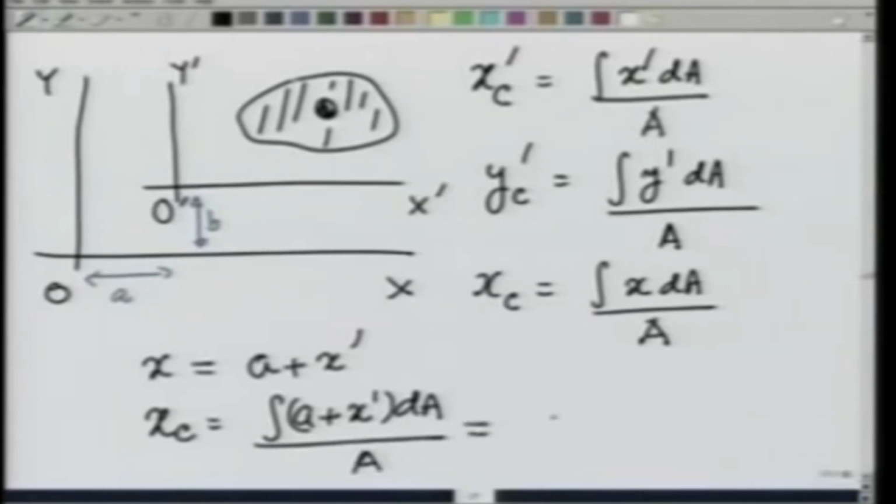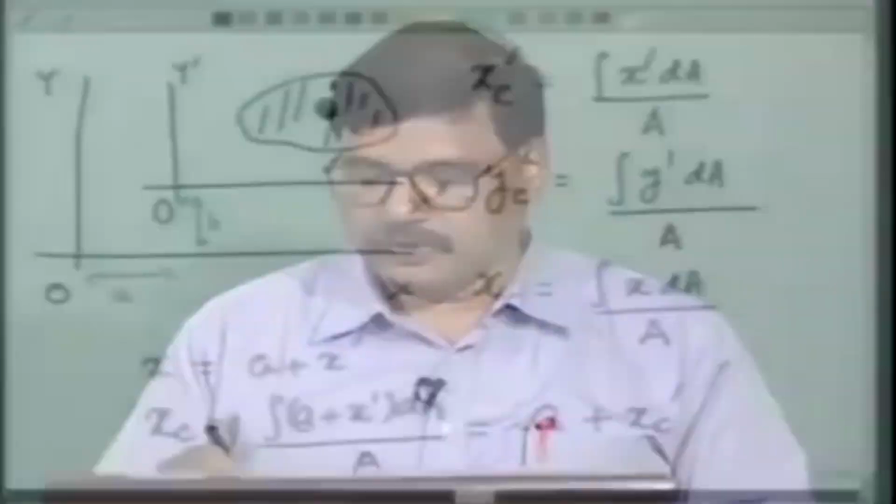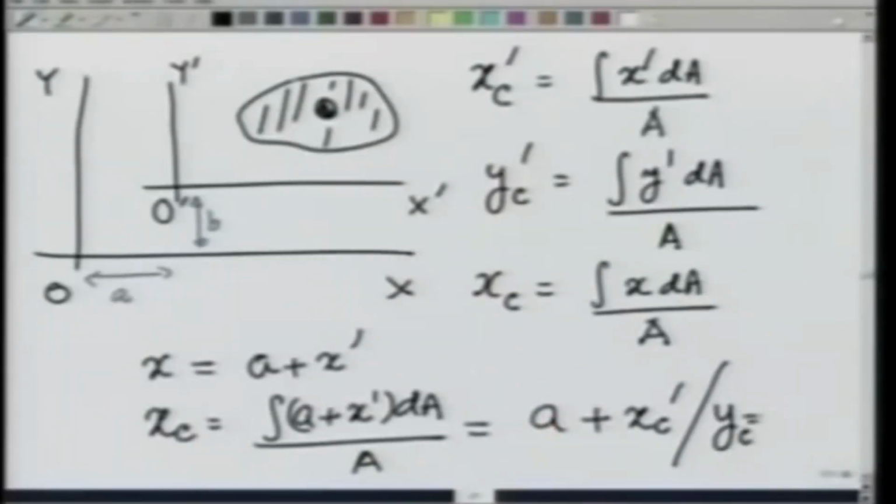So, this will come out to be a plus integral x prime dA over A, which is nothing but a plus xc prime. So, you see if I calculate the centroid with respect to a shifted coordinate system, the centroid shifts by appropriate amount so as to remain at the same point in the body. And similarly, you can show that yc will be equal to b plus yc prime, which I leave as an exercise for you.